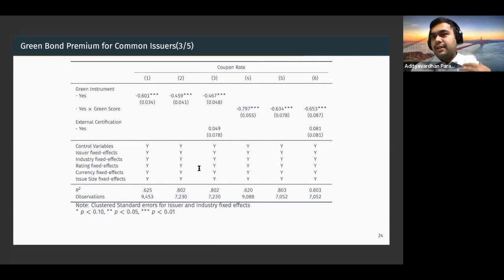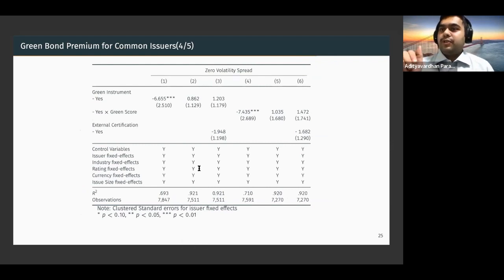Continuing our approach, we see that the lower yield is primarily due to the coupon rates. For green bonds, we have over 0.6% lower coupon rate as compared to normal bonds. Again, coupon rates and green scores are negatively correlated, which implies that as the greenness of the bonds increases, the issuers get a lower coupon rate.